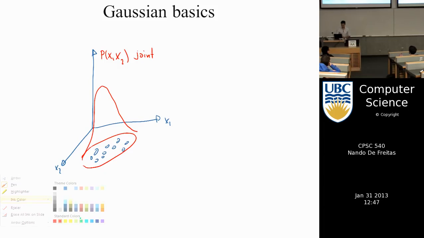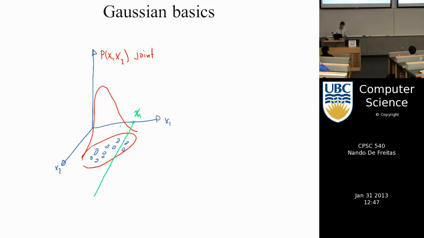In addition, I'm now going to do the following. I'm going to cut this Gaussian at a particular value. So I'm going to choose a particular value of x1. Okay, let's say this value here. Let's call it x1 with a hat, in cursive.